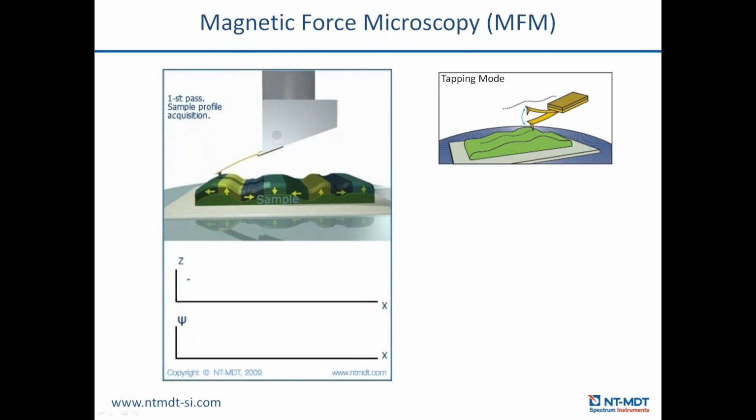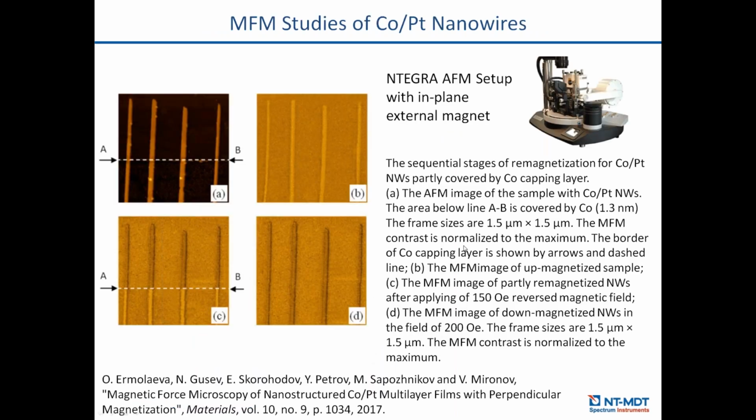And in these studies, at least in our devices, we can apply and control precisely the external magnetic field in plane or out of plane. And in this study, the following thing was done.